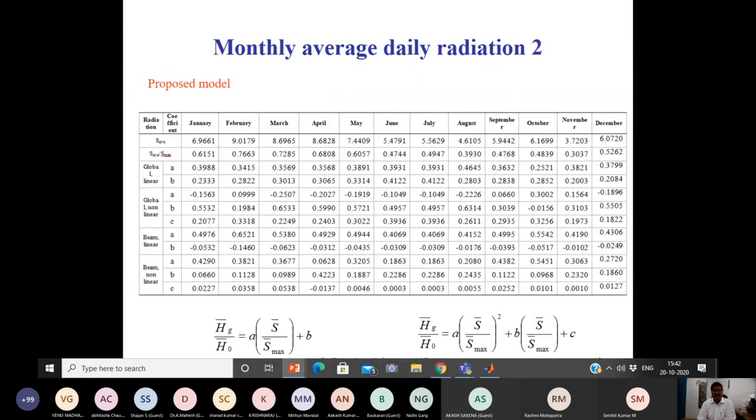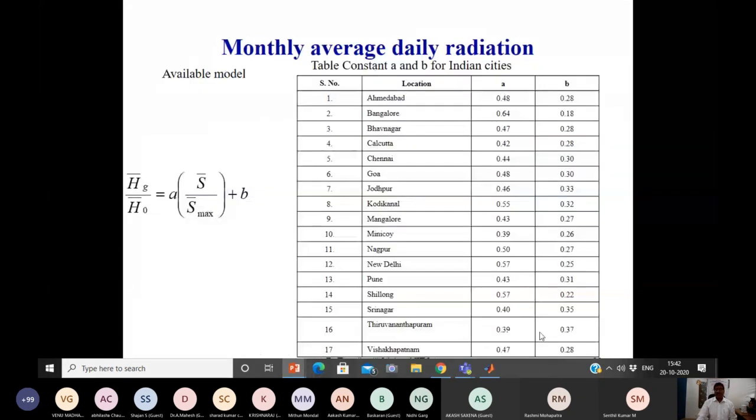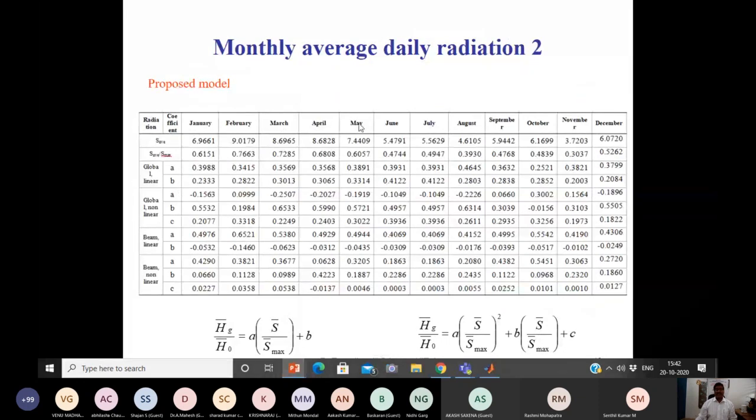So again, the model has been refined here by a non-linear equation. In this non-linear equation, the constants are A, B, C, and these constants are also defined with reference to the months January to December. These constants are changing for global radiation and beam radiation.